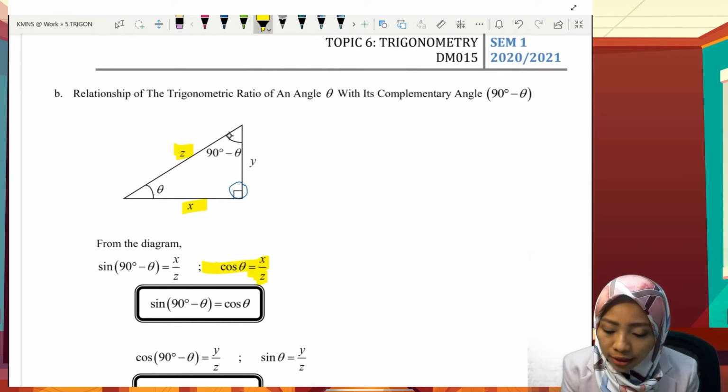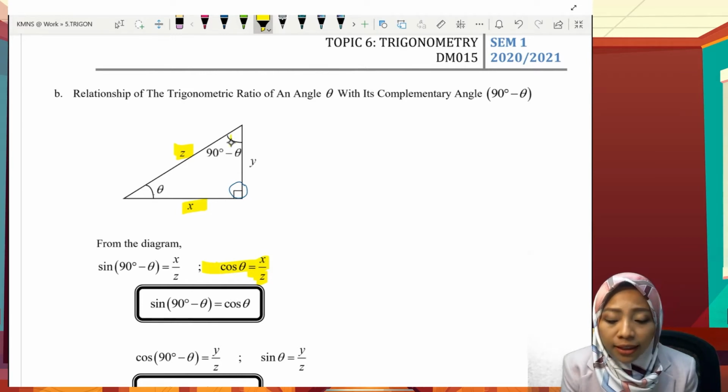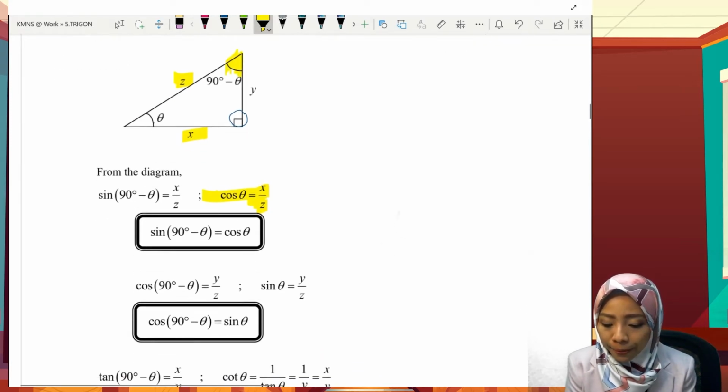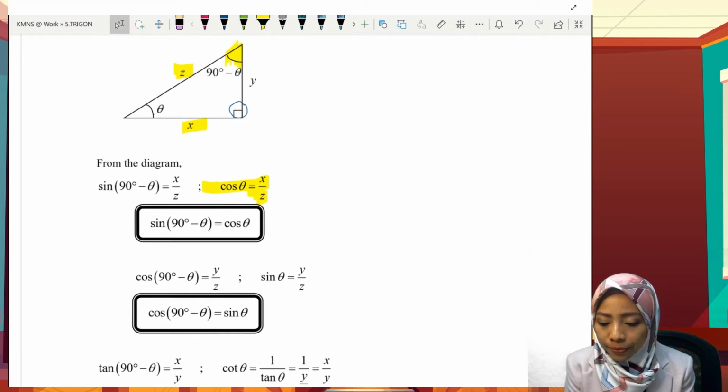Therefore, the angle that gives x over z, we call the complementary angle. So sine is opposite over hypotenuse.